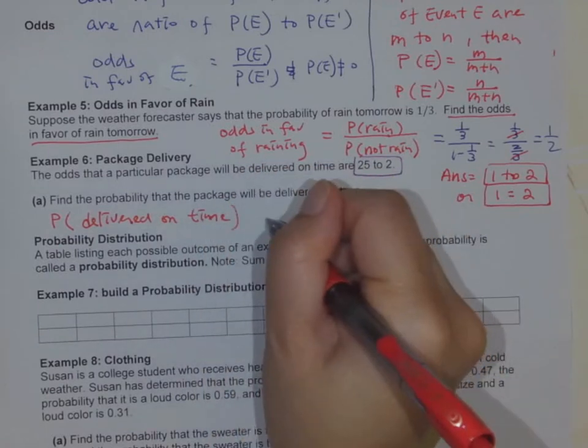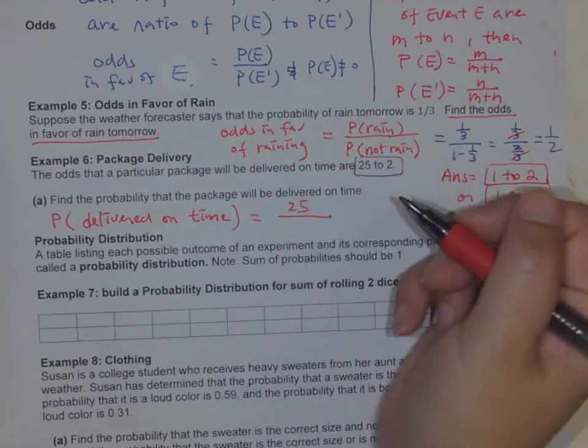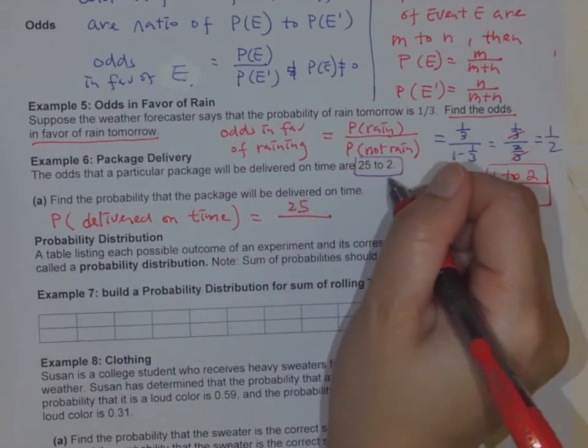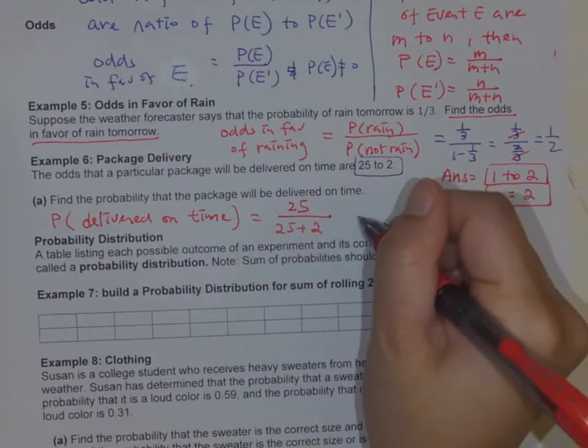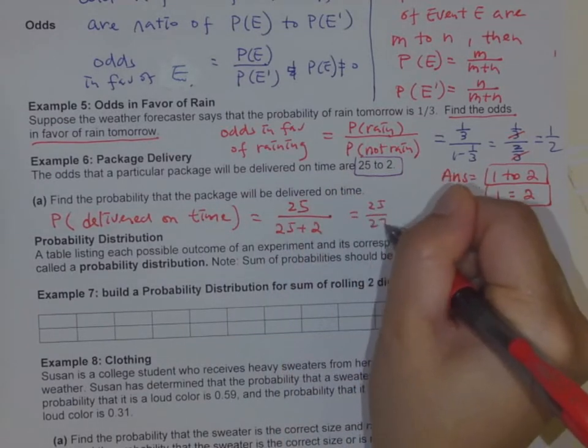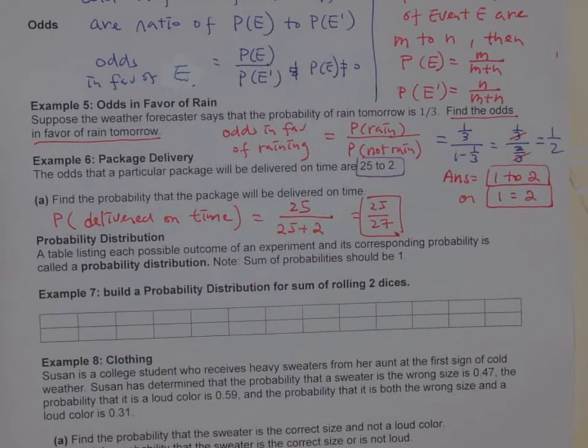So they have in favor 25 to 2, so 25 is in favor, and then we need the sum of them. So it's going to be 25 plus 2. So together we have 25 out of 27.